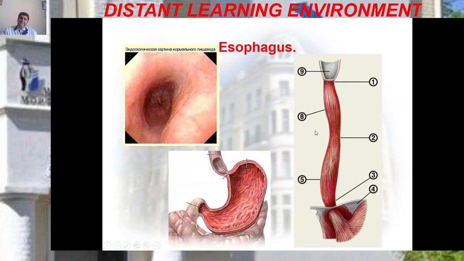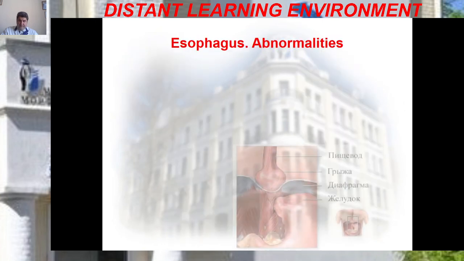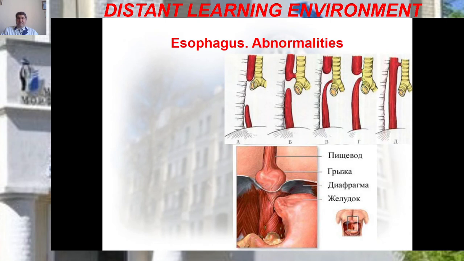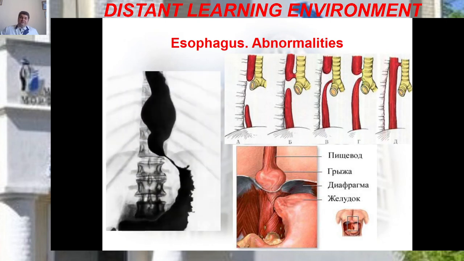So you may see the endoscopic investigation of the esophagus, and also the constrictor or sphincter between the esophagus and stomach. On this picture you can see the abnormalities of the esophagus.